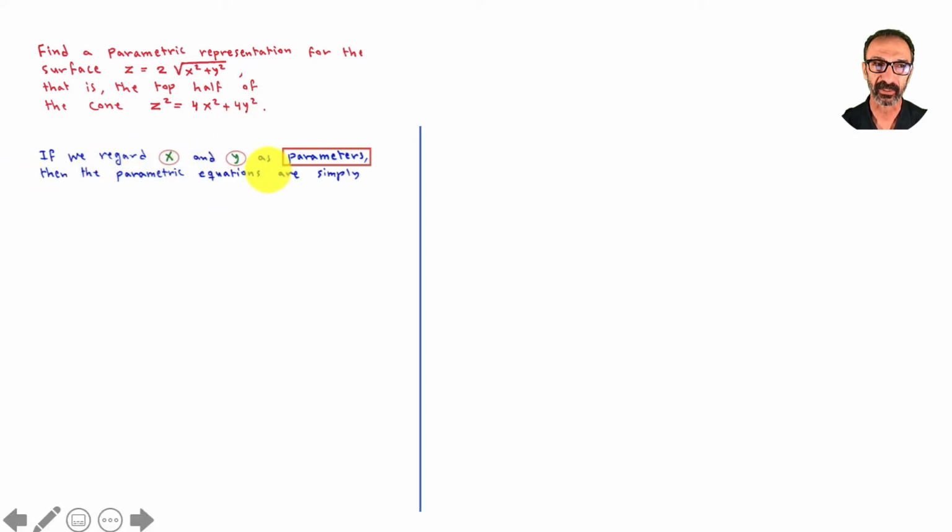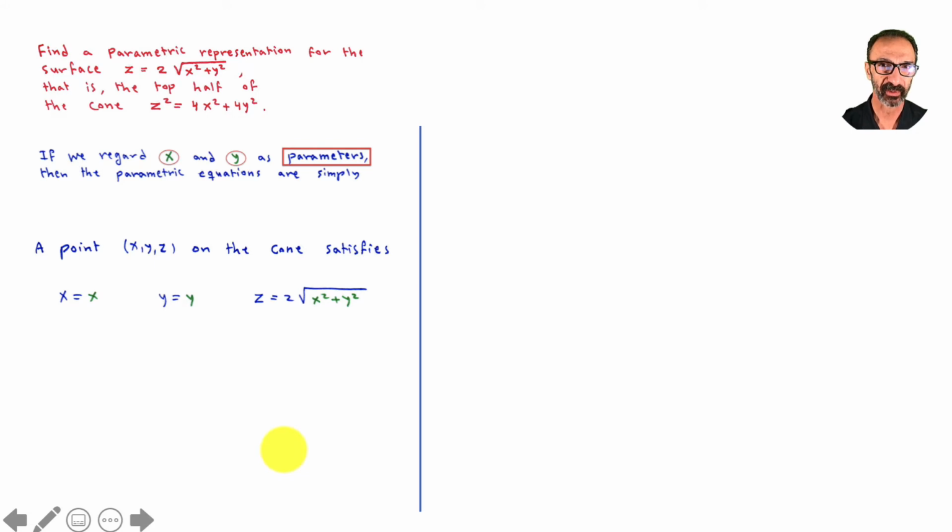If we regard x and y as parameters, then the parametric equations are simply: a point x, y, z on the cone satisfies the following. My parameters are x and y, so I'm going to keep x as x, I'm going to keep y as y, and z depends on x and y.